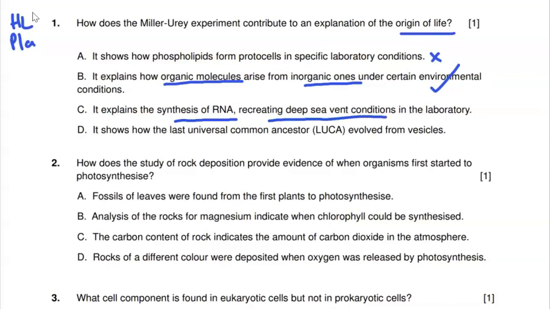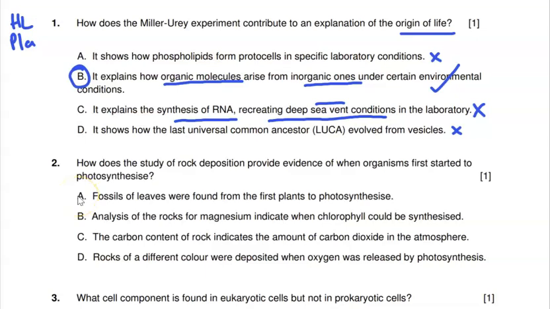Well, on the contrary, it does not recreate these conditions. If anything, it creates the conditions from the hot springs. So not that one. It shows how the last universal common ancestor evolved from vesicles. Well, not at all. None of them do. And so we're left with 1B as our best fitting answer.